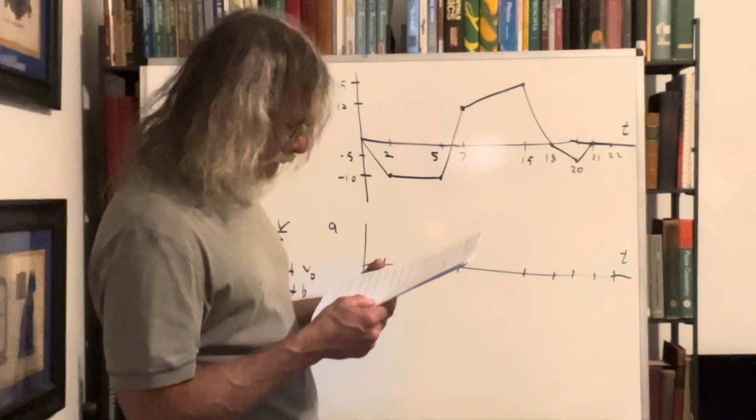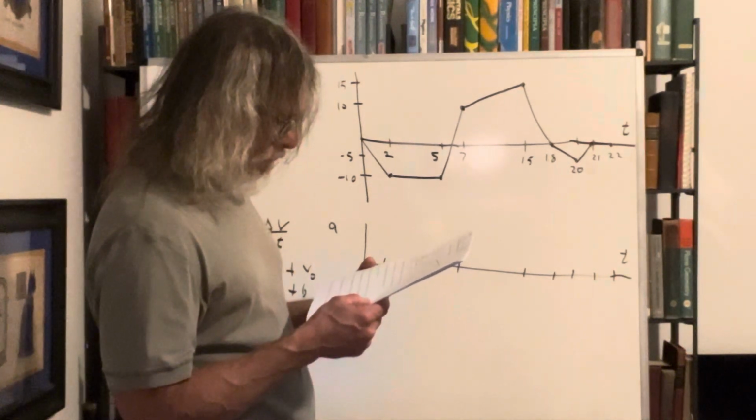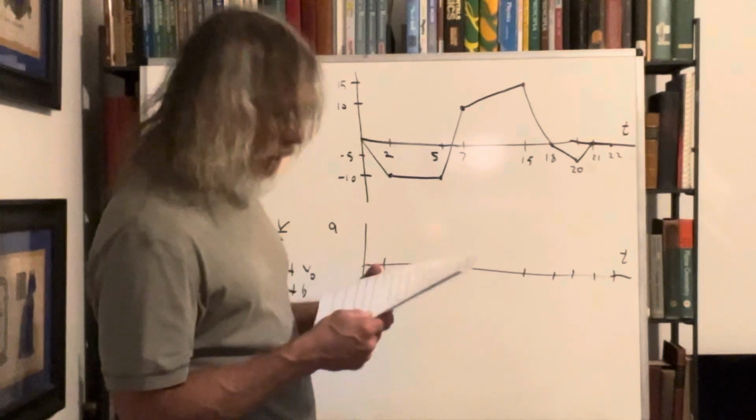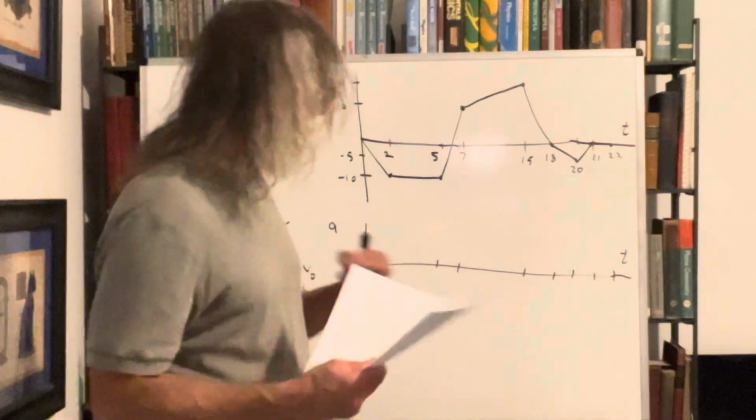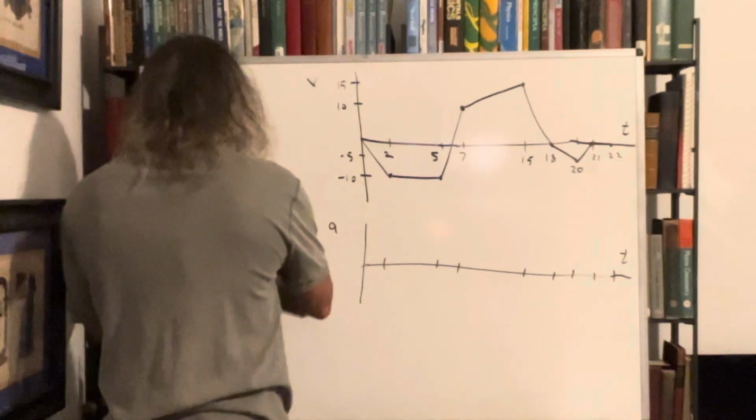What is the average velocity of the fly between 0 and 15? So average velocity is total distance and total time.